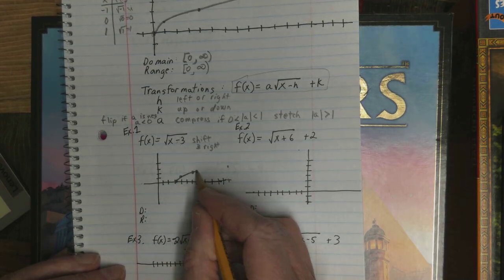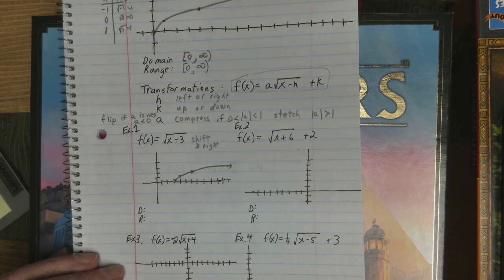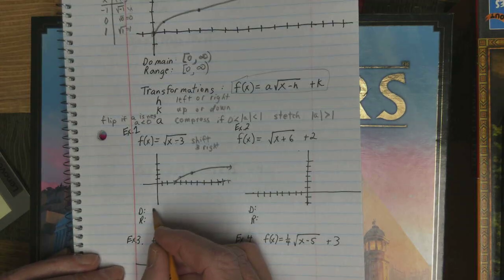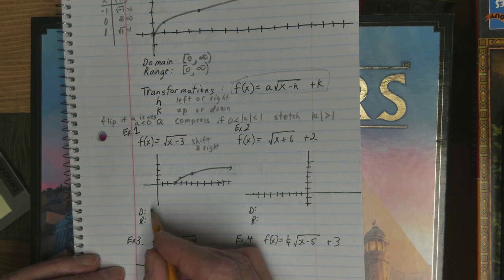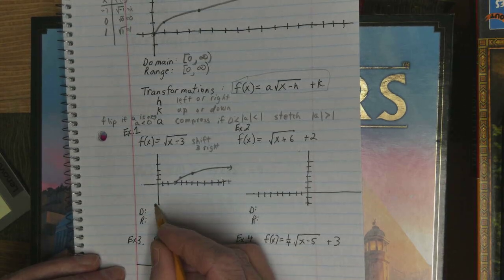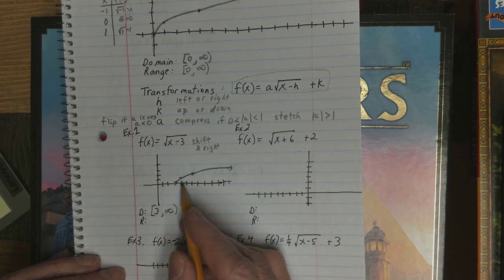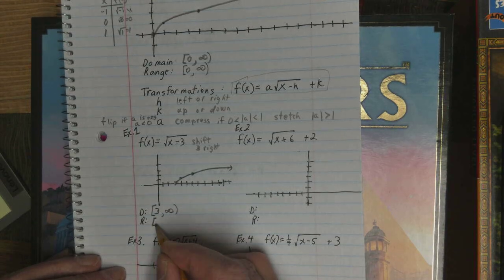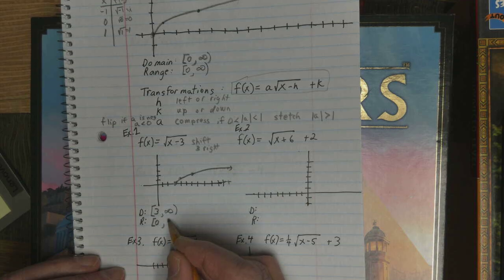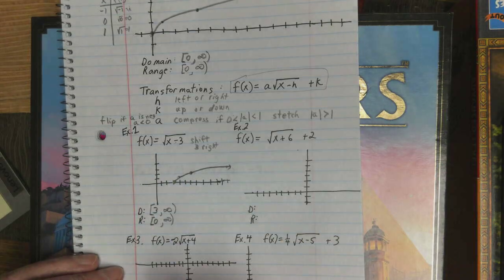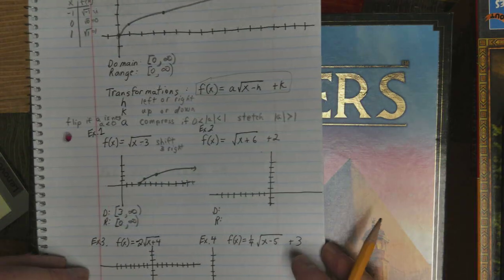So this one kind of looks like this. The domain: the lowest x value is 3, and that's included, so I have that square bracket, to infinity. The range is still 0 to infinity. We didn't shift it vertically anyway.